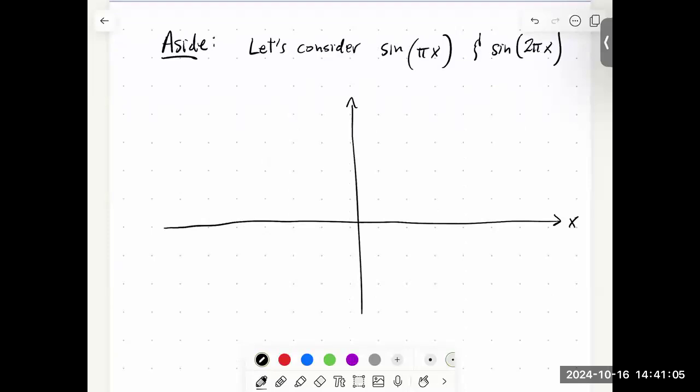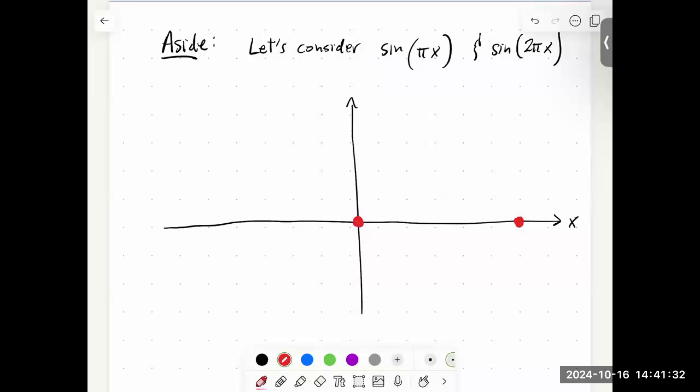We'll plot sine of pi x. So what do I know about sine pi x? When x equals 0, that has to be equal to 0. So there'll be a point here. When x is equal to 1, we'll get sine of pi, and that would have to be 0 as well. When x equals -1, we would have sine of minus pi, and that also has to be 0.